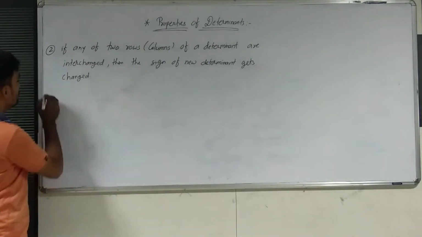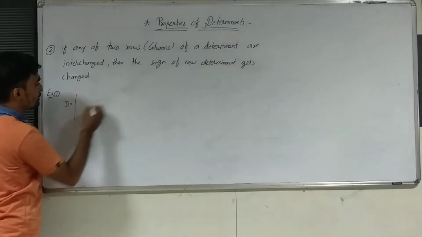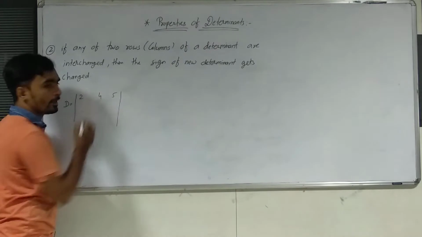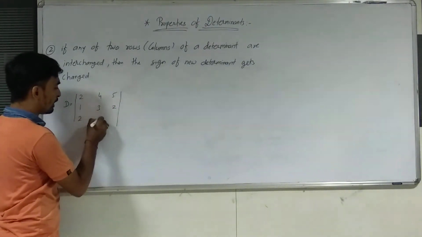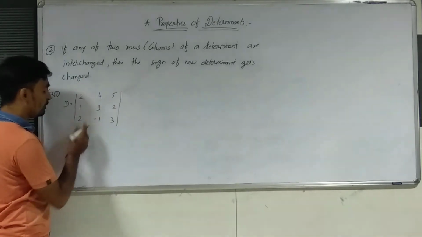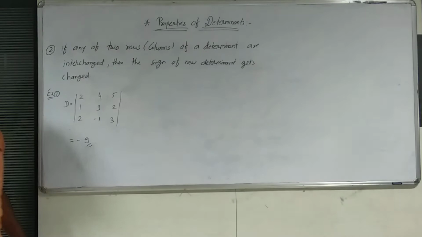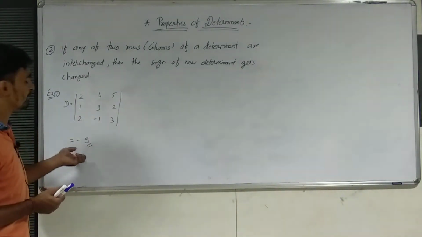For example, let us take a determinant D: 2, 4, 5; 1, 3, 2; 2, minus 1, 3. By the simple determinant method, you will get this as minus 9. We solved this previously, so I am not explaining it again.